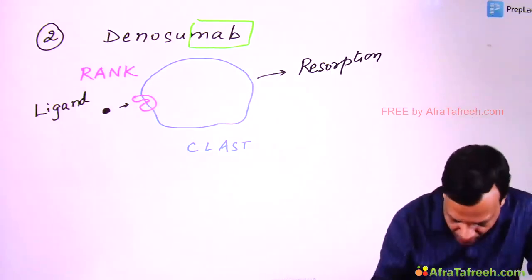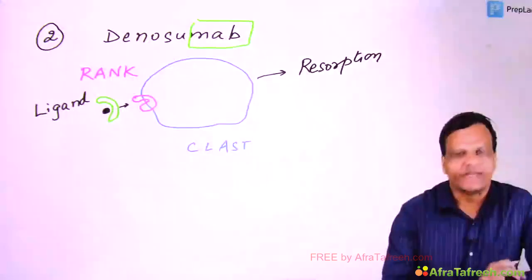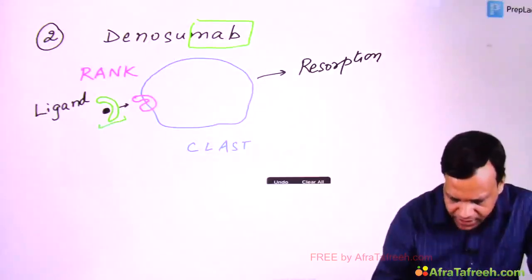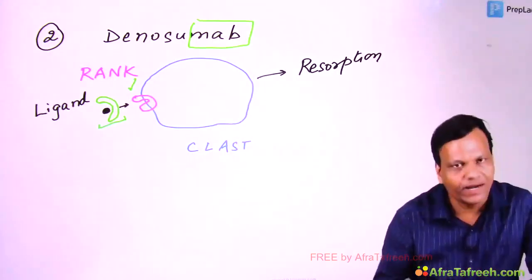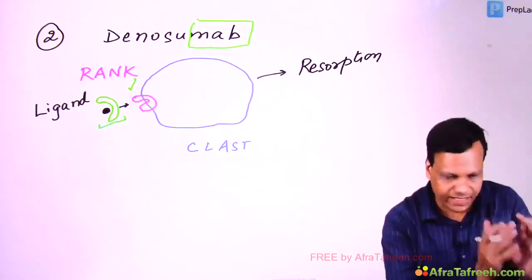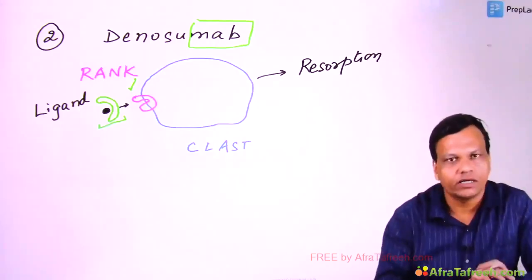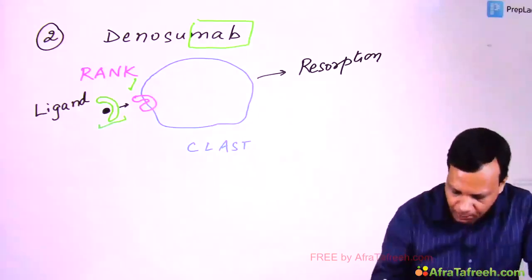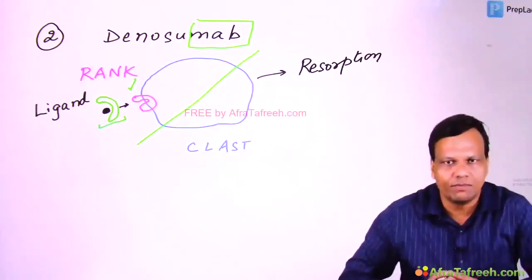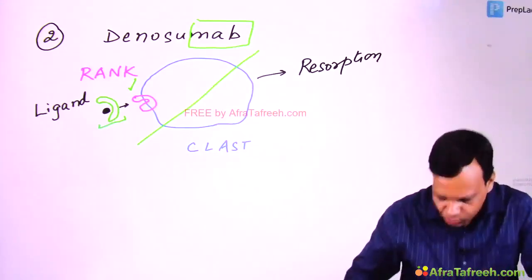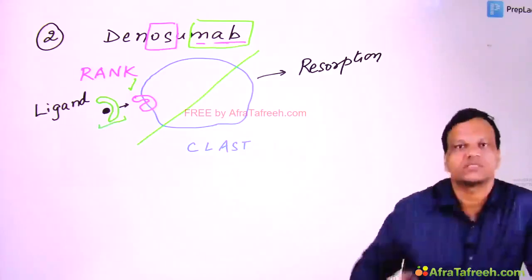That means denosumab will bind to the RANK ligand, so this ligand cannot bind to RANK. When RANK is not stimulated, resorption will not occur. So in simple language, you can remember denosumab inhibits osteoclast, and from the name you can remember it is a monoclonal antibody used in osteoporosis.